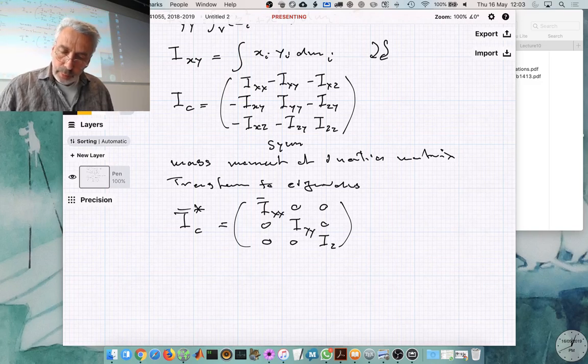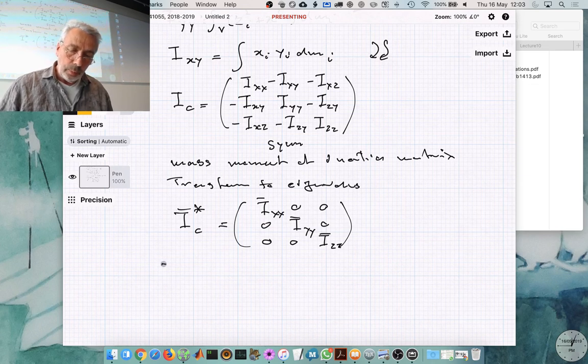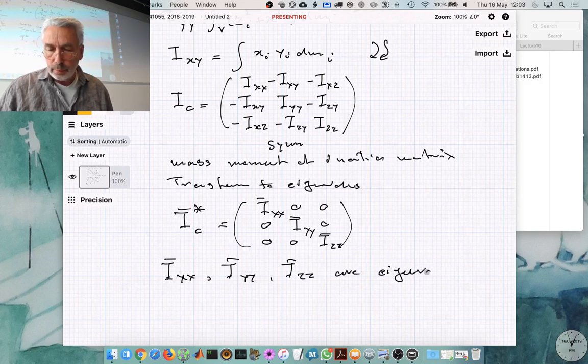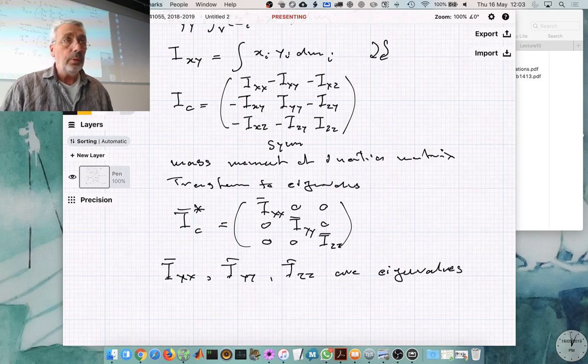These are the Ixx bar, Iyy bar, and Izz bar, which are the eigenvalues. And you'll see they will always be positive.